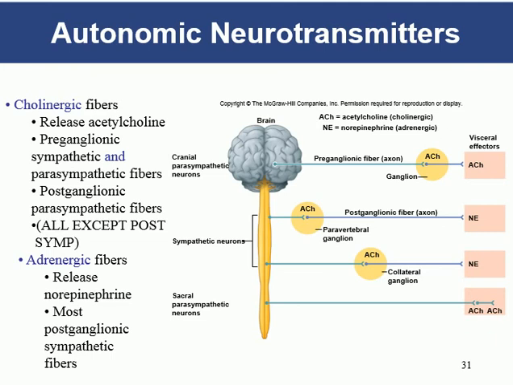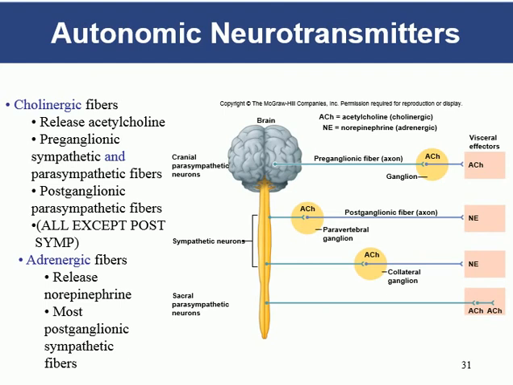Is it a cholinergic or adrenergic fiber? It depends on what type of chemical you release. If you communicate through acetylcholine, I call it cholinergic. Cholinergic comes from the second part of the name, acetylcholine. And the other one is adrenergic.